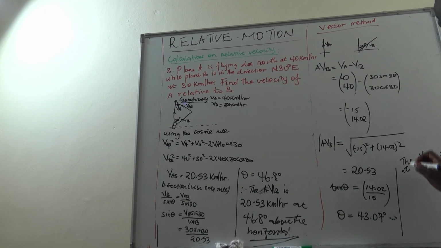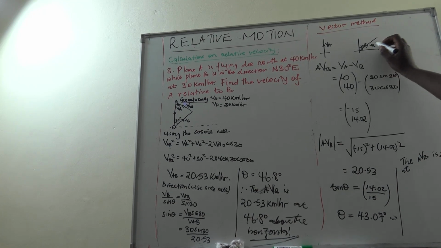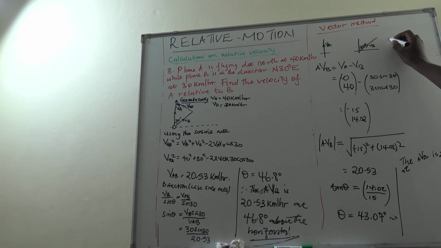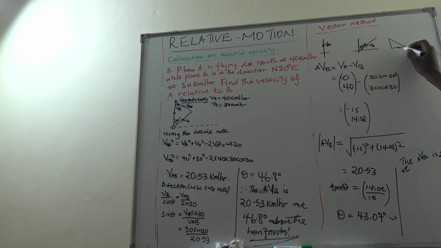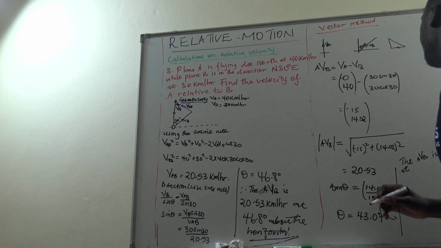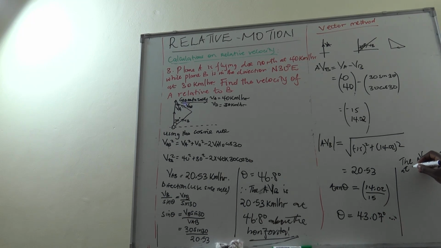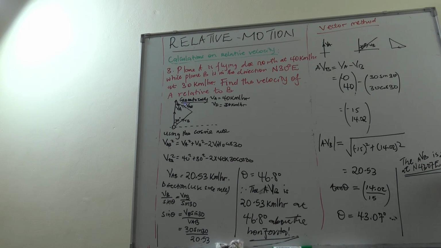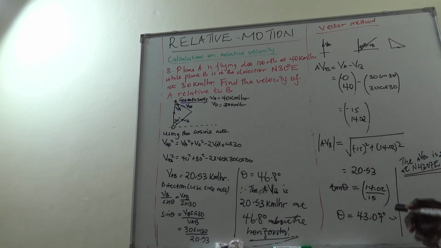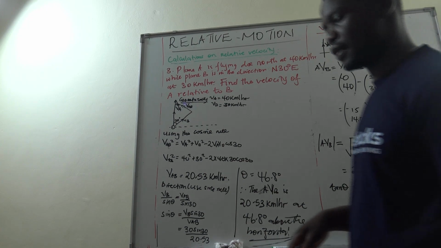When we draw a diagram that looks like this, the direction is northeast. So we have calculated and we have finished. That is how you should go about that question.